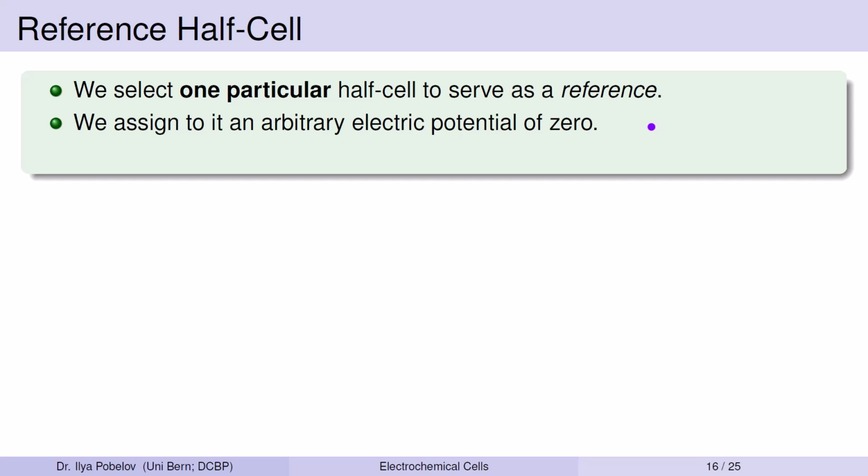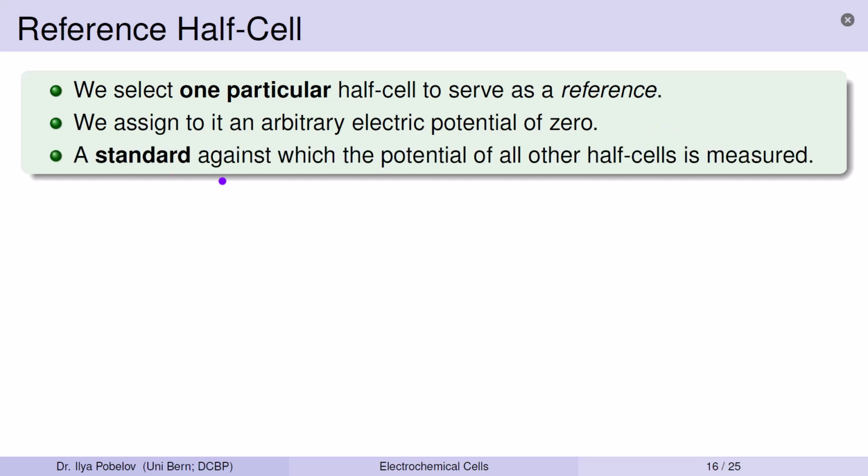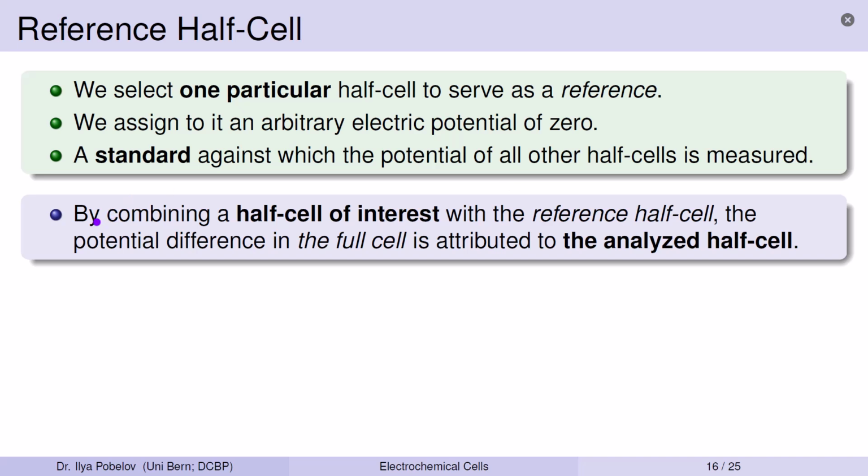This reference half-cell becomes a standard against which the potential of all other half-cells is measured. By combining a half-cell of interest with the reference half-cell, the potential difference measured across the full cell can be attributed to the analyzed half-cell.